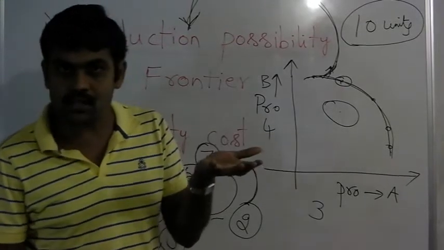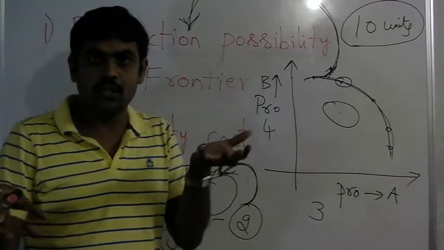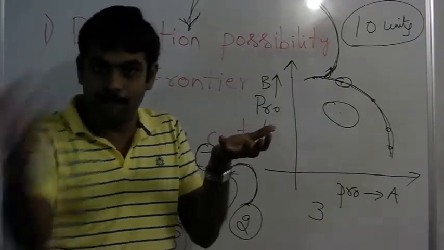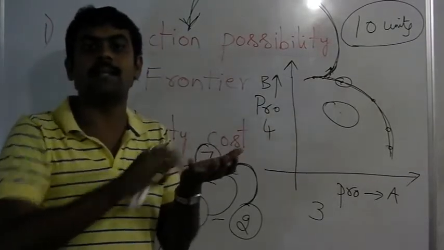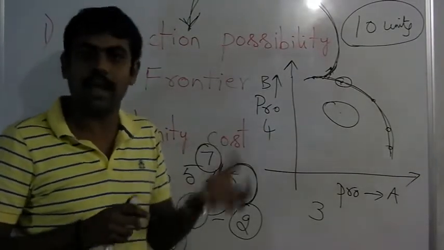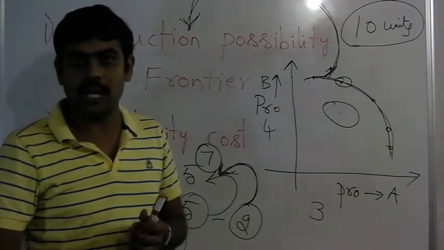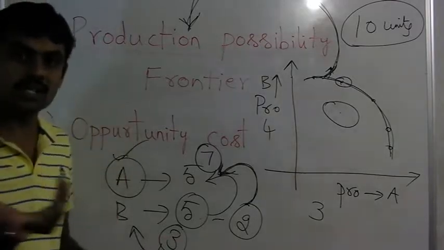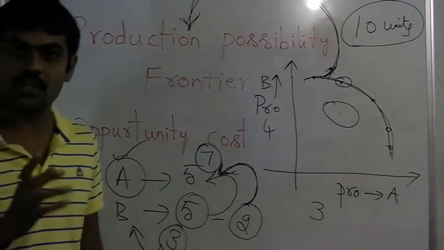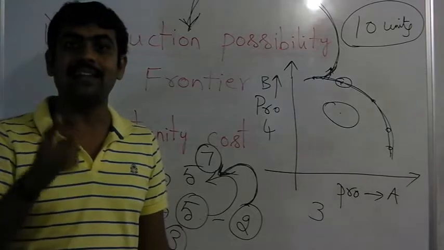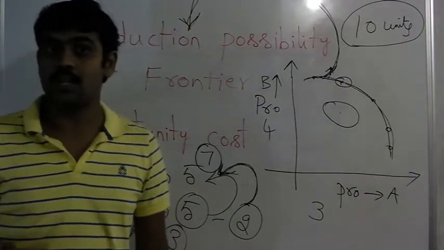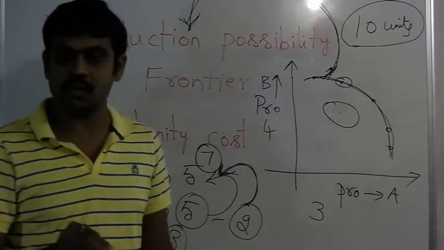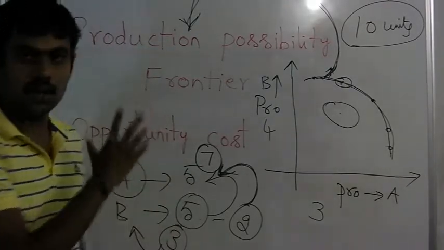We will make a choice of using more units for A from the resources allocated to another product, say B. That mechanism is nothing but the opportunity cost of A with the units allocated to B. That is nothing but the additional production of A at the cost of B. The additional production of a particular product at the cost of another product which has some similarity in the allocation of resources is nothing but the opportunity cost.